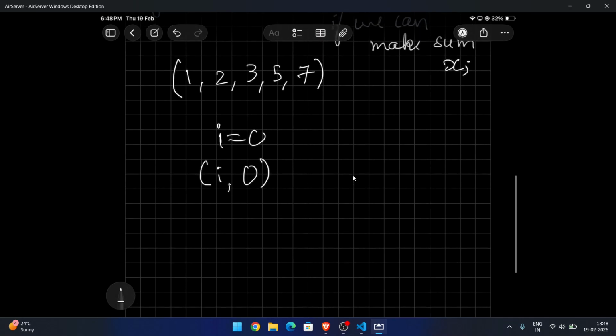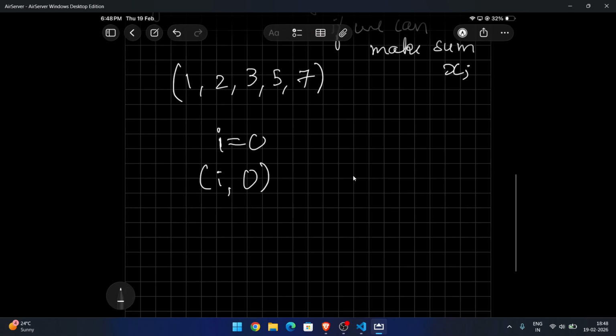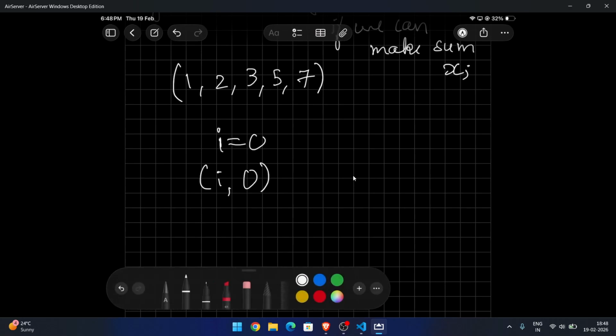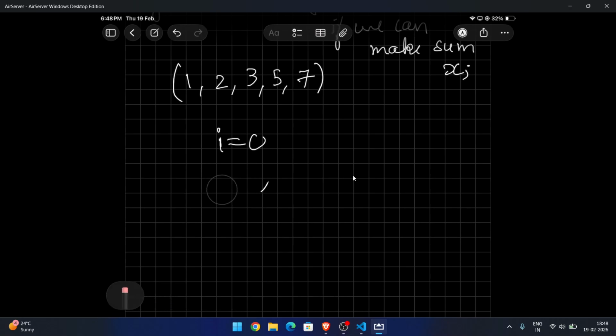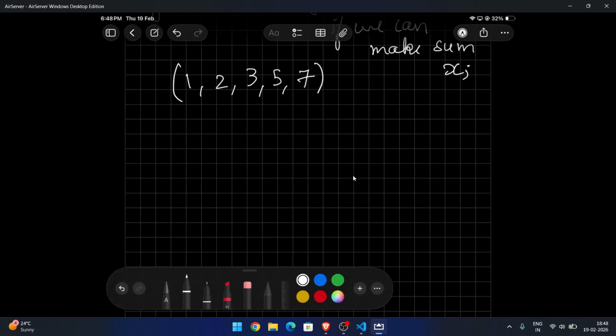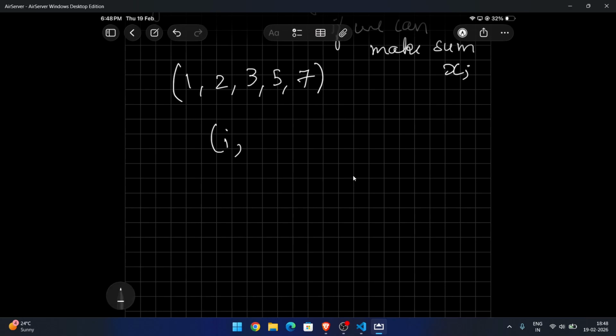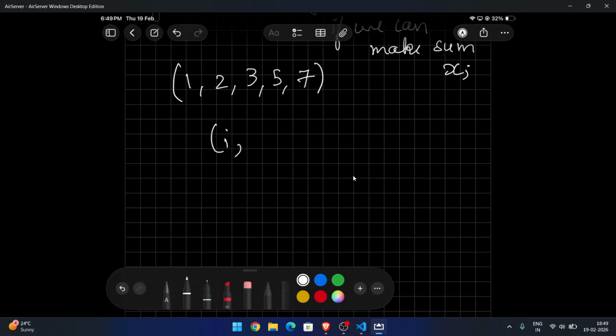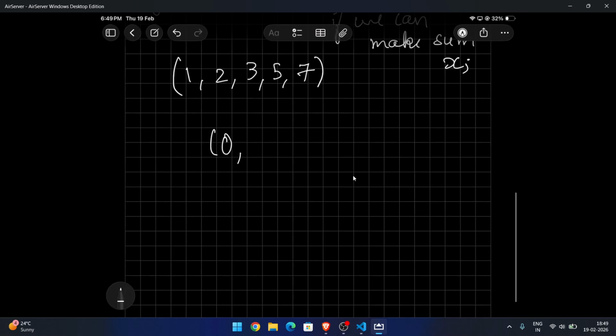So when I am standing at the starting point and initially I have sum 0, I have to find out if there is any possible way. So what are my choices from here?